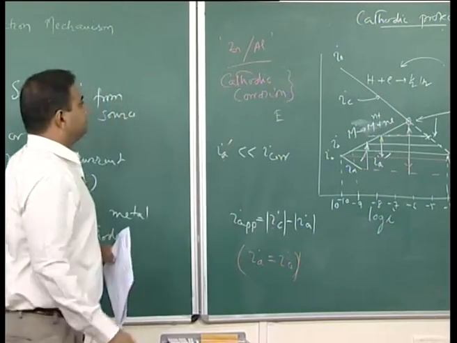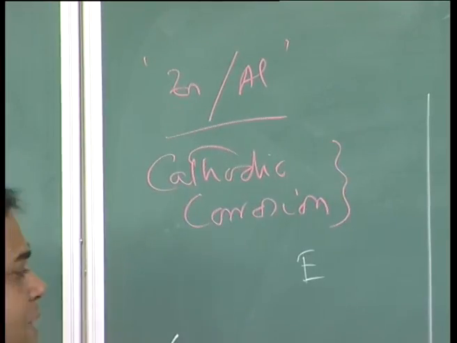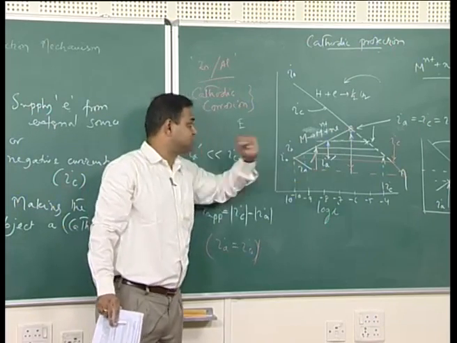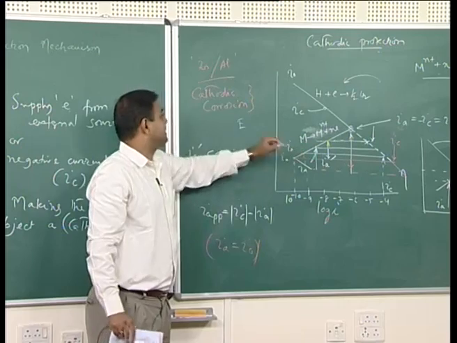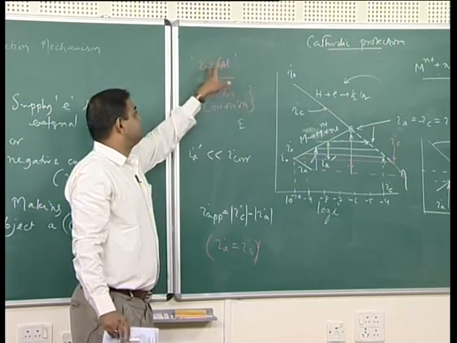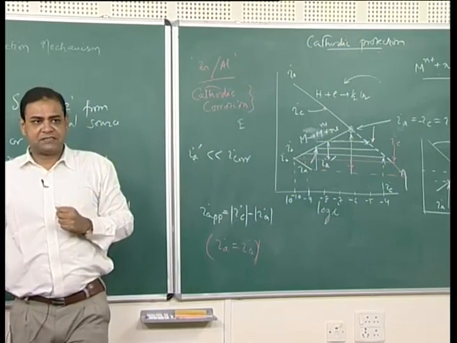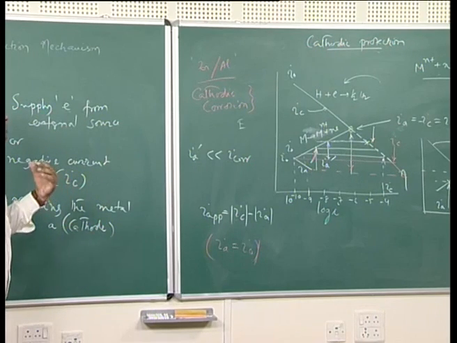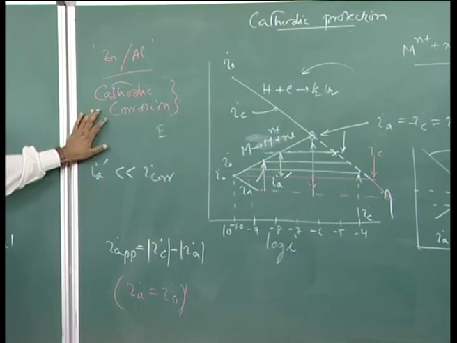There is no surprise, because we are making the metal the cathode, and since the cathodic reaction is going on, the reverse reaction will take place. Because of the amphoteric nature of these two metals, complex ions can form in the system, in either acidic or basic medium, and they can corrode instead of getting protection. So, that is why it is called cathodic corrosion.